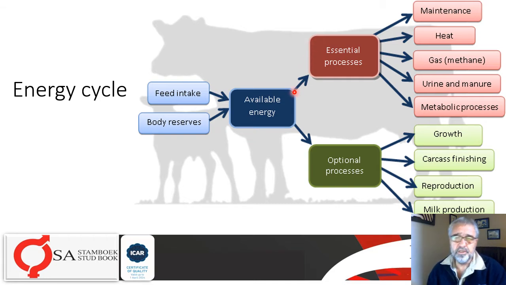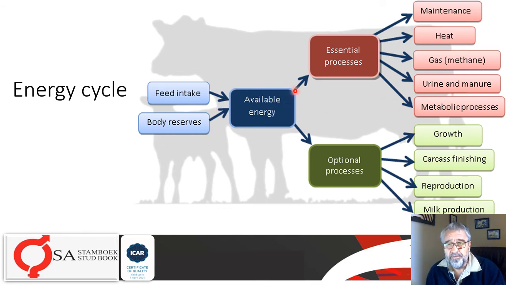So of the available energy, the first choice will go to the essential processes to keep her alive, to keep her body temperature, and so forth. So our own maintenance, generation of heat, then there will be gas that's a byproduct of this whole process. Obviously urine and manure that comes off, and all the metabolic processes in the body need to be maintained.